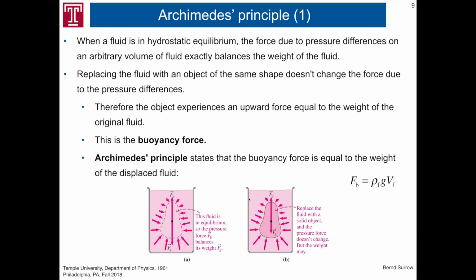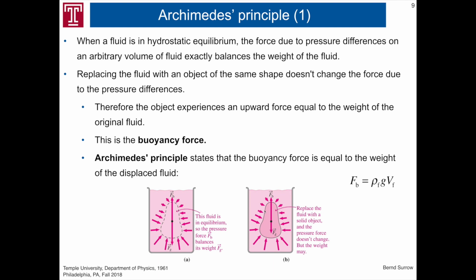Now you place this object, it displaces a certain amount of volume here. And that object experiences, in addition to its own gravitational force, an upward force, which is given by the gravitational attraction from the amount of liquid which is displaced by this object.